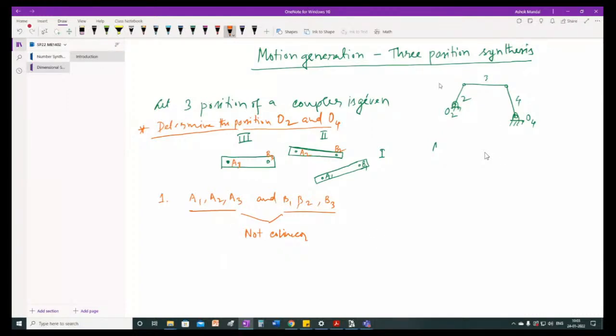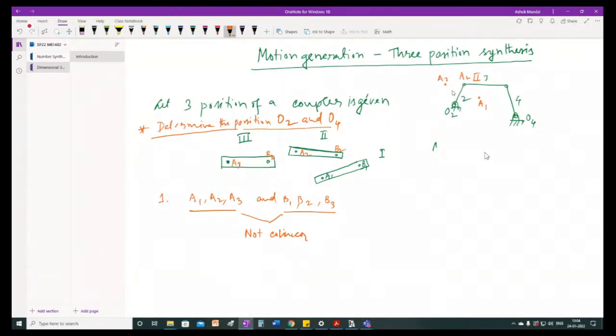For example, you just go back to this mechanism here. Suppose this is the second position which I have drawn here, and for the first position the A point was here, A1. This is A2, and the third position is A3.